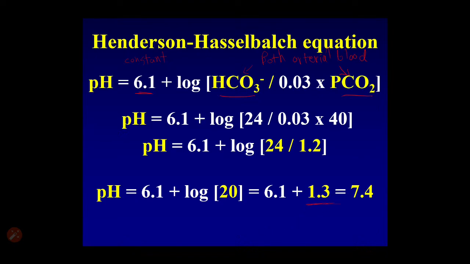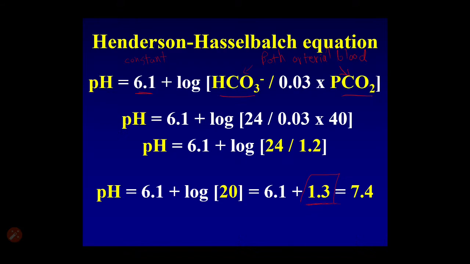And remember, I don't care what I do, as long as I bring this number back to 1.3, I will have fixed the problem, and then my pH will be 7.4, right? If this goes up, there is absolutely no way you can bring this number down to 1.3, except if you increase PCO2. Mathematically, it's impossible. So therefore, the two will go with each other.